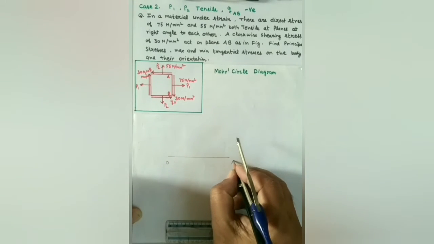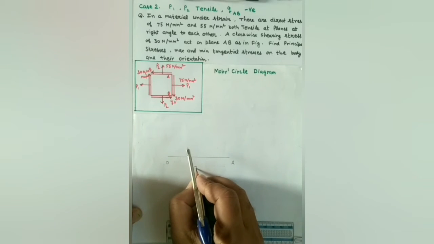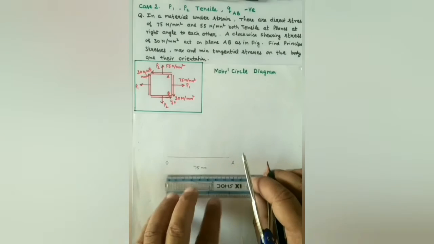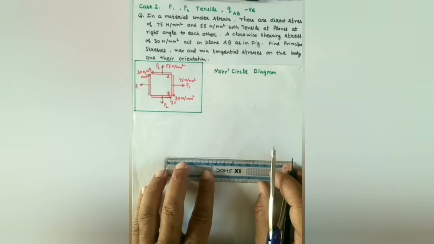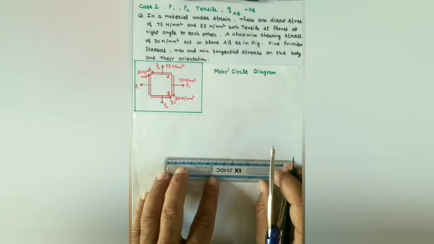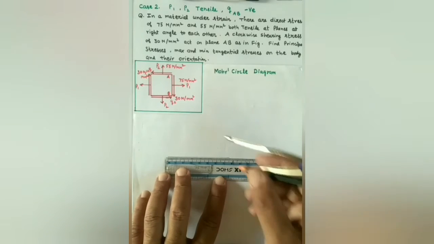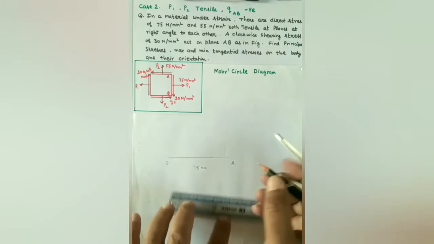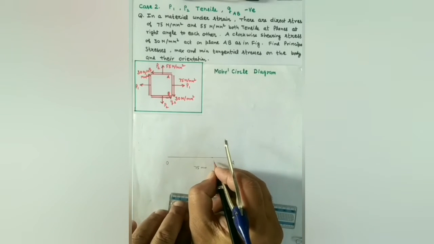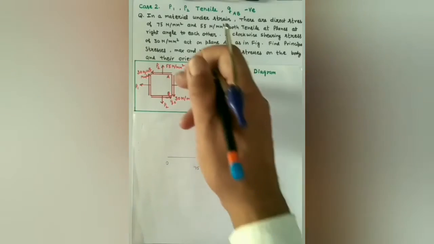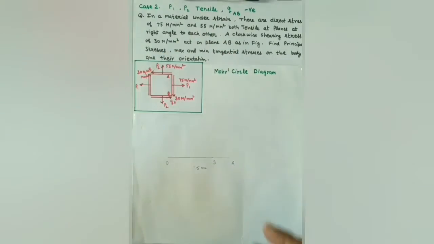The 75 mm line OA will represent stress P1, which is 75 Newton per mm square. Let us draw another line from the origin O equal to 55 mm, which is the representation of stress P2. Let this point be B, such that OB is 55.